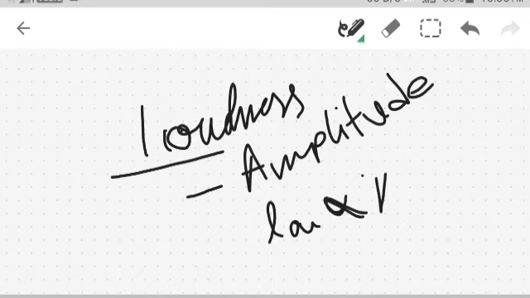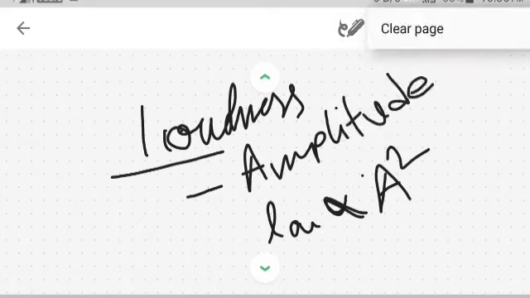That means when the amplitude increases by 2 times, the loudness increases by 4 times. And when the amplitude decreases by half, that means the loudness decreases by 1 by 4 times. So this is the relation between loudness and amplitude.